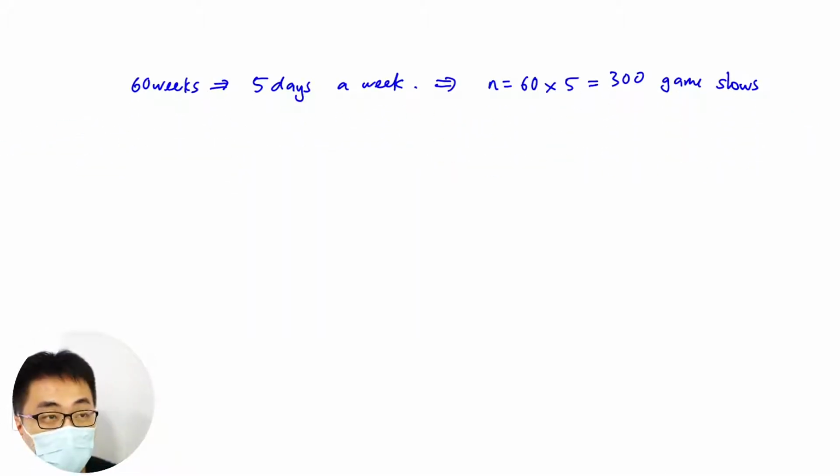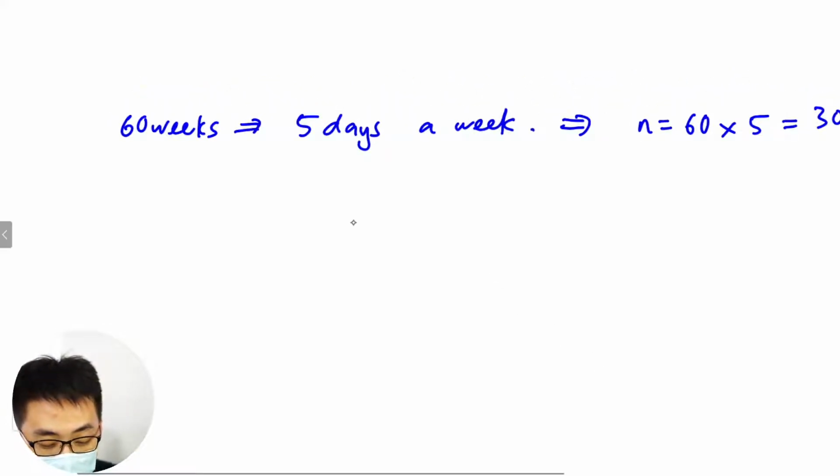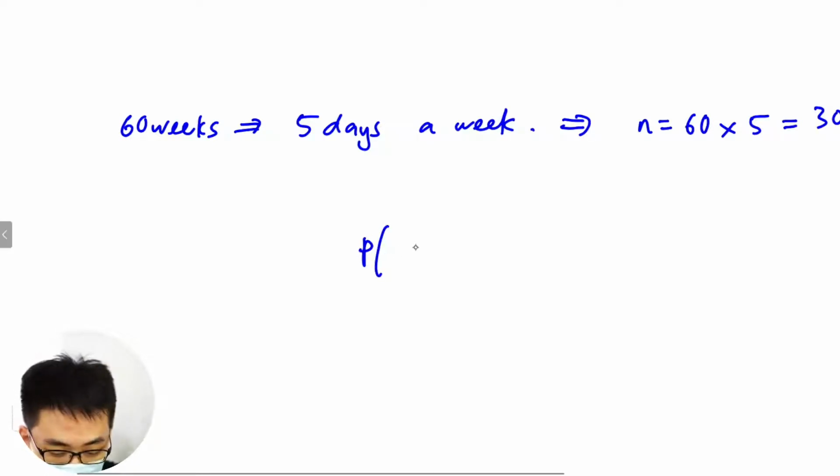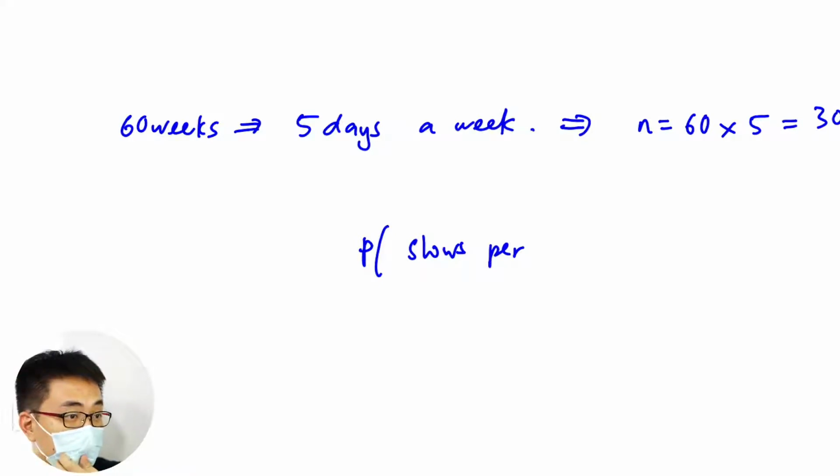Then we are talking about the mean number of shows per week. You want to find the probability that the mean number of shows per week is more than 0.4.